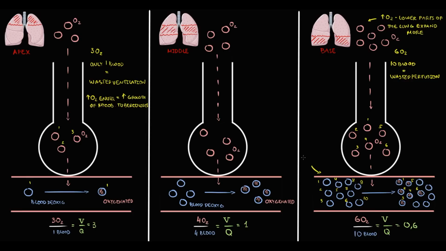The perfusion is greater because gravity pulls blood downwards, increasing perfusion at the base. But as you see, the increase in perfusion outpaces ventilation at the base, while ventilation outpaces perfusion at the apex, and this creates these regional mismatches.